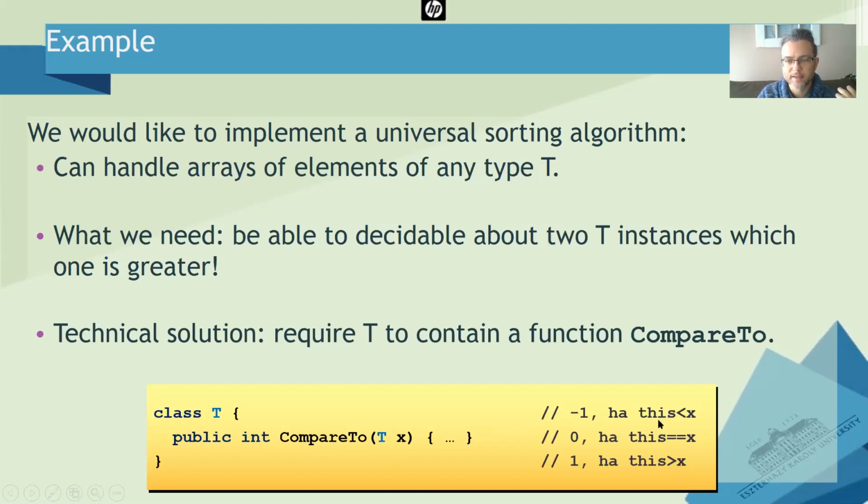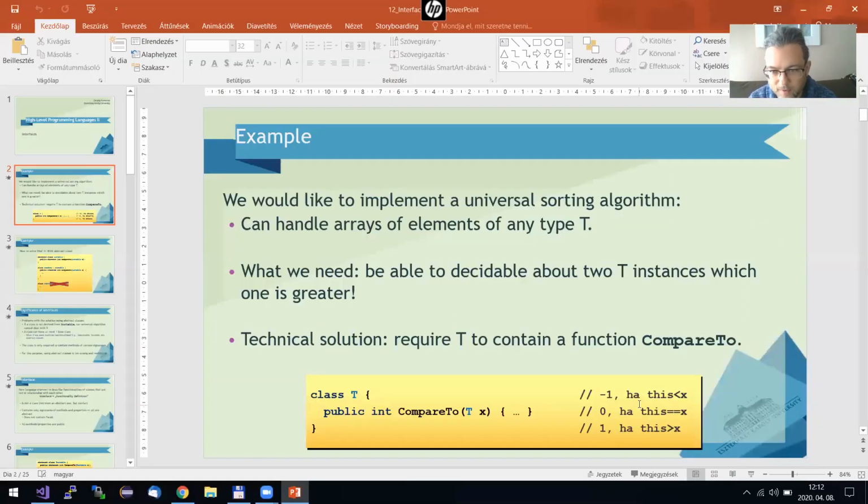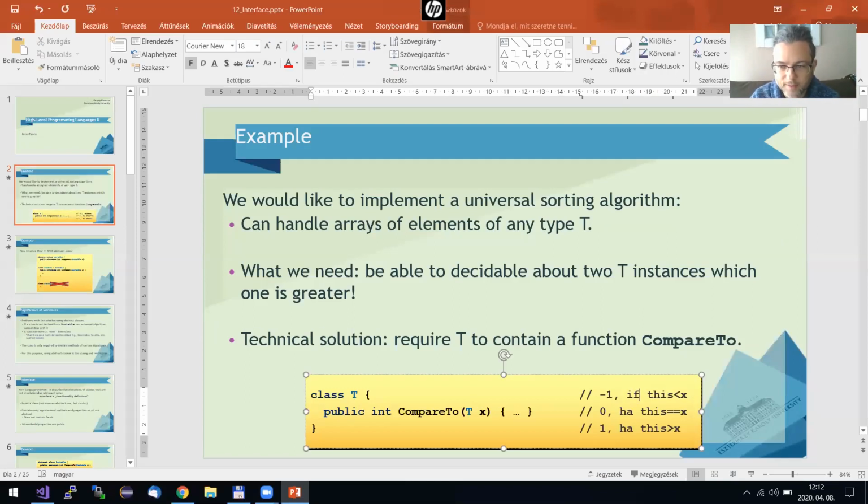Now we compare this against x, and typically these are the return values: -1 if this is less than x, and so on. Sorry, here I left some Hungarian words. Let me just correct this.